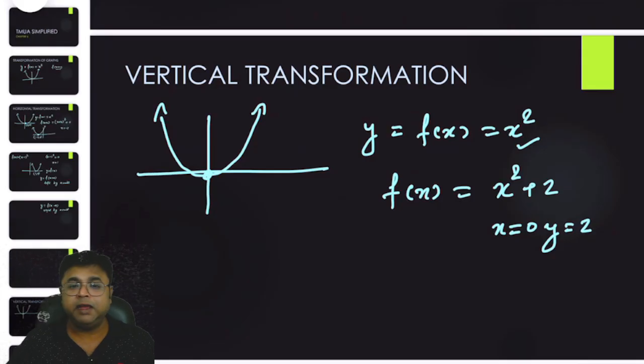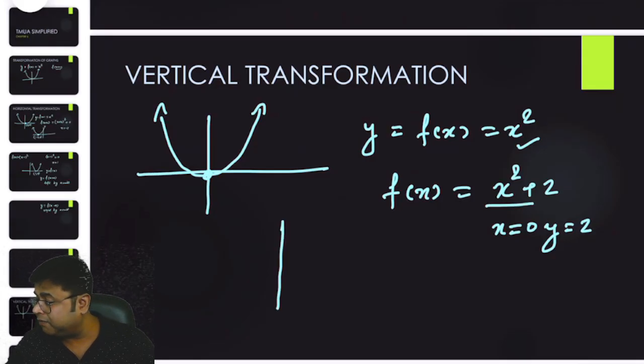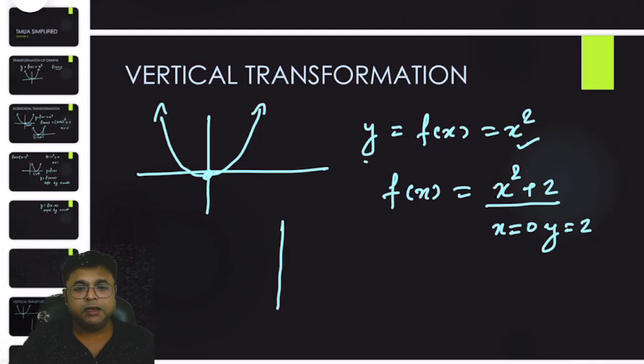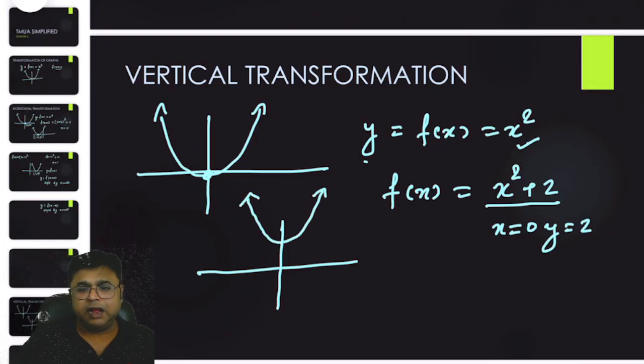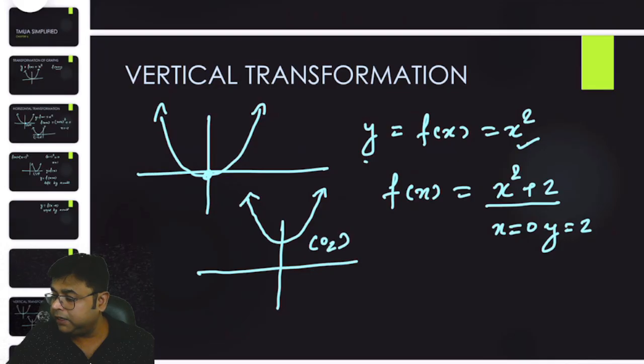Everything remains the same. Now the transformation is happening in y, because y was x squared. So x squared plus 2 means the transformation is happening in y, and y is the vertical axis. So the movement will be vertical. The graph will move 2 units up. Everything remains the same, the graph only moves 2 units up. That's the only difference, right?